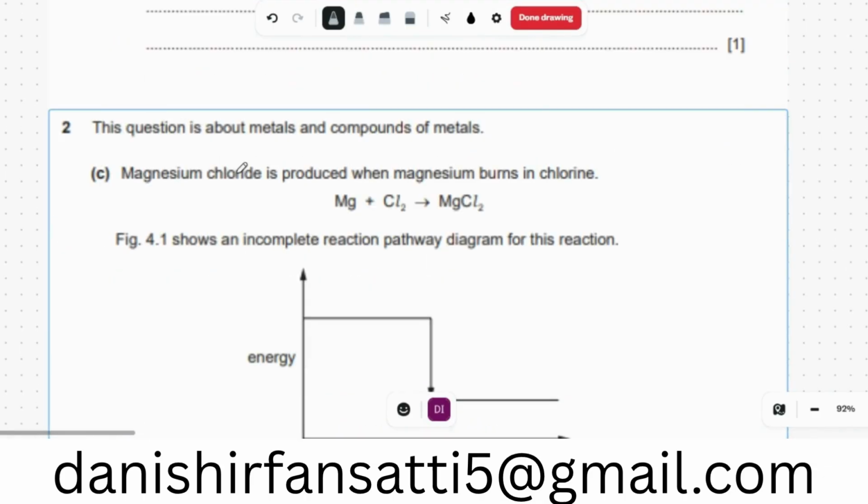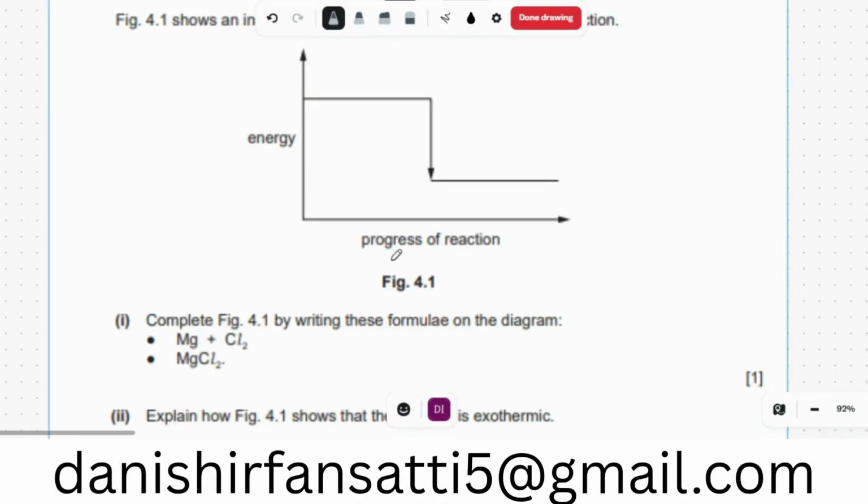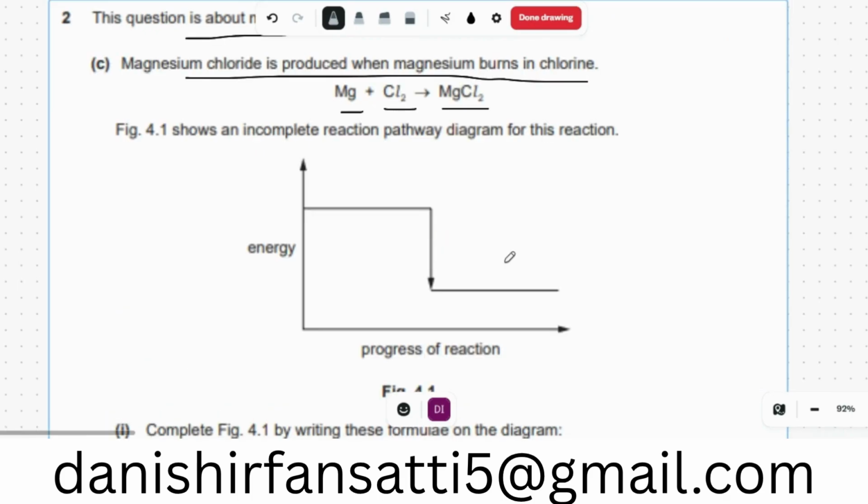Now question number 2. The question is about metals and compounds of metals. Magnesium chloride is produced when magnesium burns in chlorine: Mg plus Cl2 gives us MgCl2. The incomplete reaction pathway diagram for this reaction is shown. Complete it by writing the formulas on the diagram.